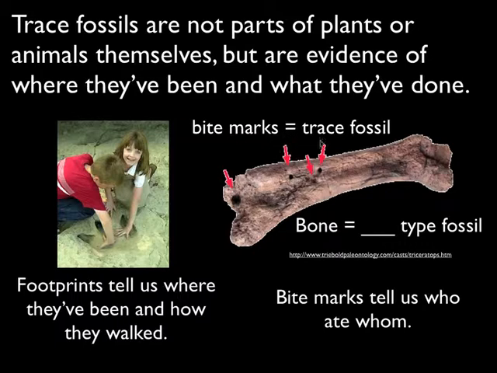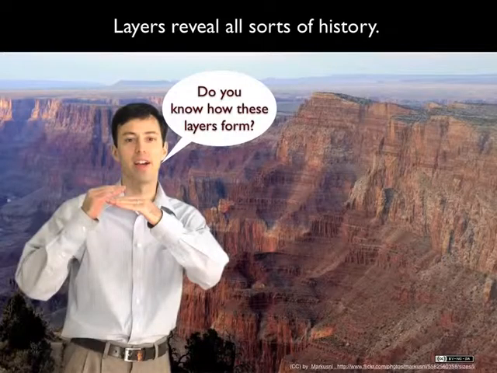So the bite marks, we call a trace fossil, but the bone is a replaced remains type fossil. So you're starting to see a little bit about how all these different fossils work together to help us see the evidence as we uncover and peel away different layers. So I hope you're starting to see how those layers can preserve ancient stories.